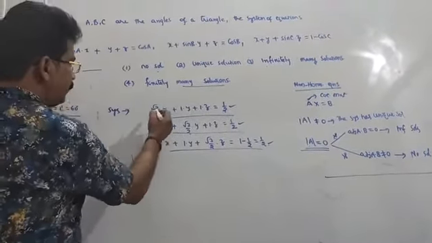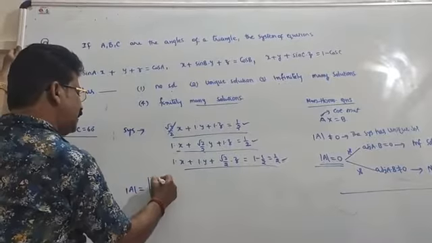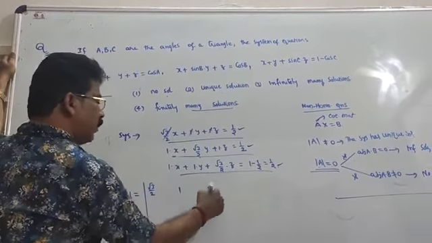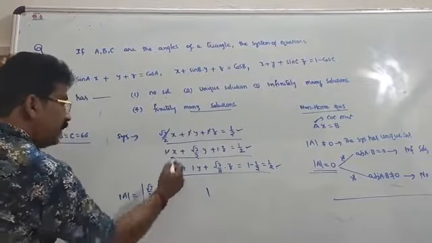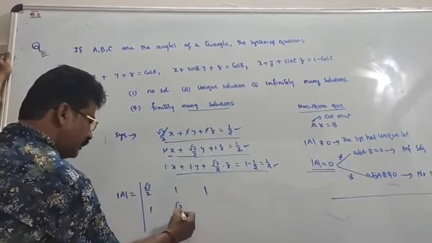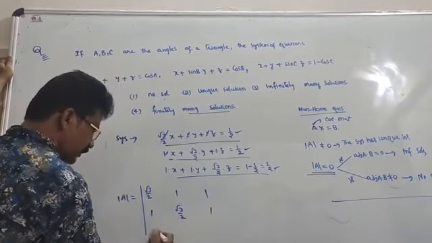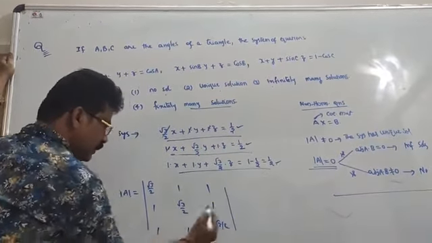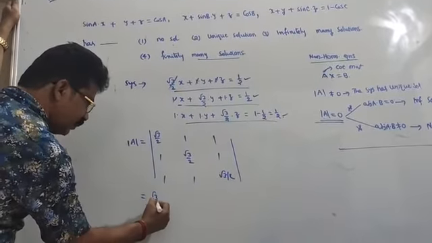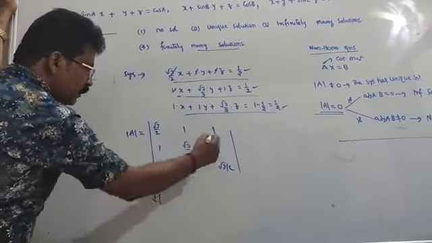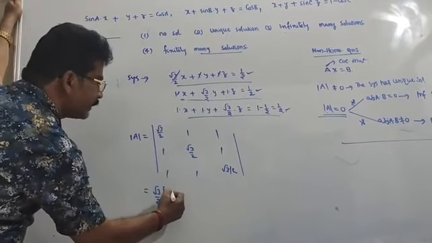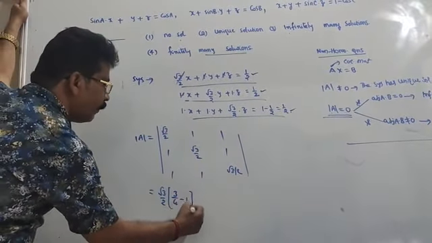So the determinant of coefficients: root 3 by 2, root 3 by 2, 1; 1, 1, 1; 1, root 3 by 2, root 3 by 2... next 1, 1, 1, root 3 by 2. That is equal to root 3 by 2 into (root 3 by 2 into root 3 by 2, that is 3 by 4, 3 by 4 minus 1).